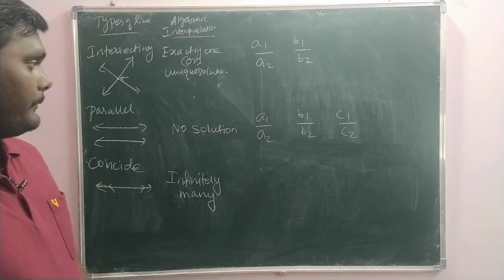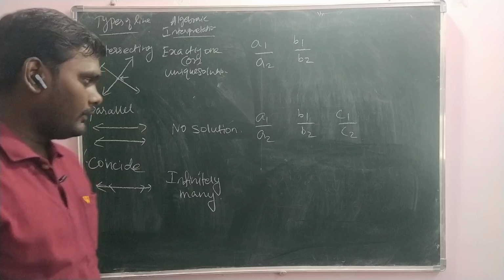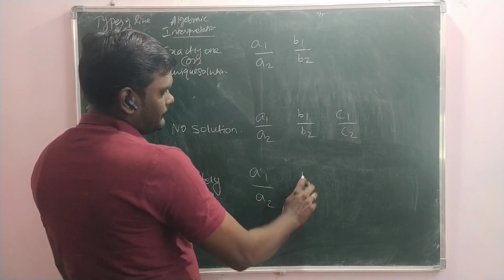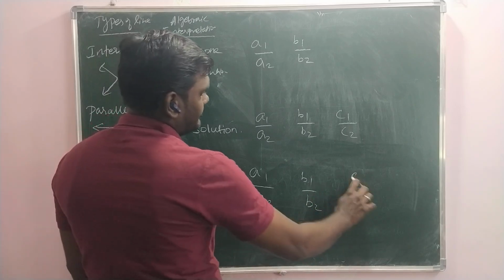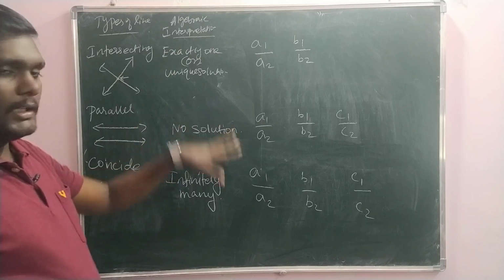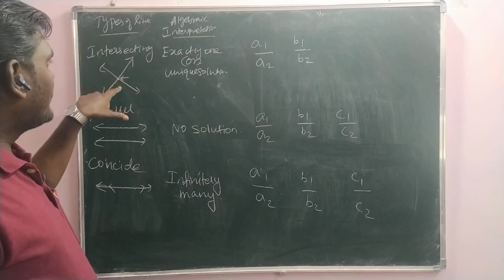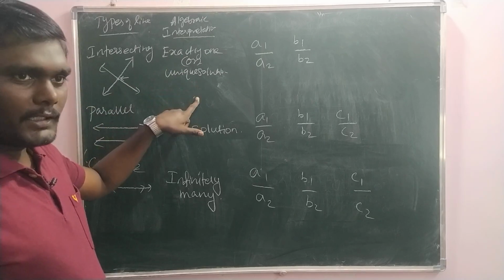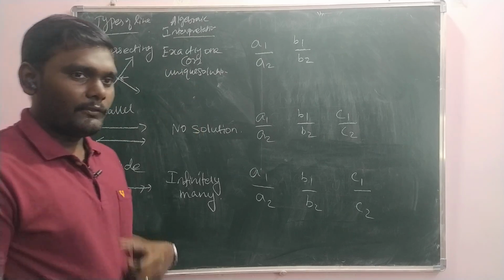Okay, see, these ratios we have to compare: a1 by a2, b1 by b2, c1 by c2. Now listen to me carefully. Here, the lines are intersecting, right? And we have exactly one solution. Just pause writing for a moment and listen.